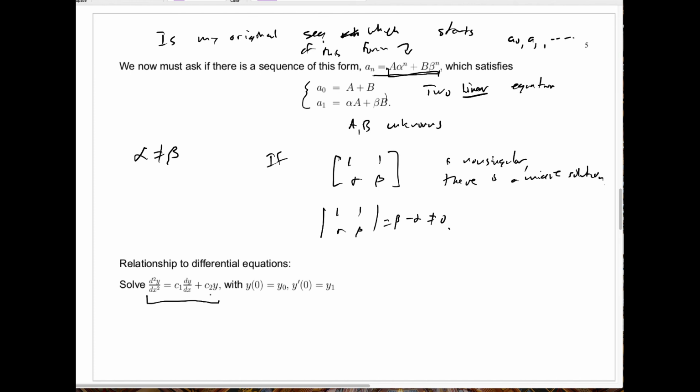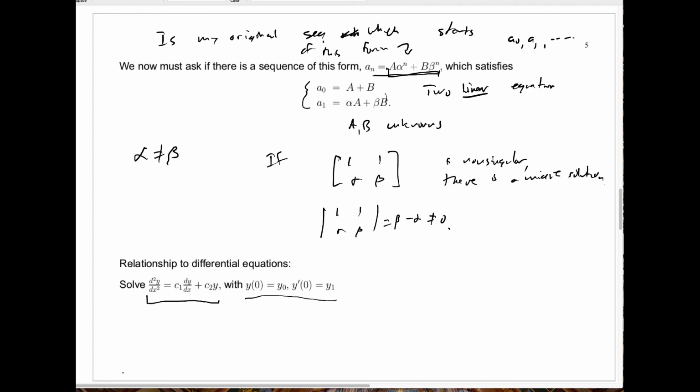If you have a linear second order equation with constant coefficients and you specify initial values, which are just a value of your function y at some particular point, it doesn't have to be 0, but I'll say it's 0. If you specify y of 0 is y0 and y prime of 0 is y1, then you ask, can we find the solution to this differential equation that satisfies our initial condition?